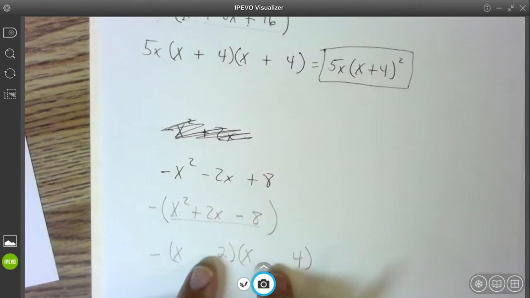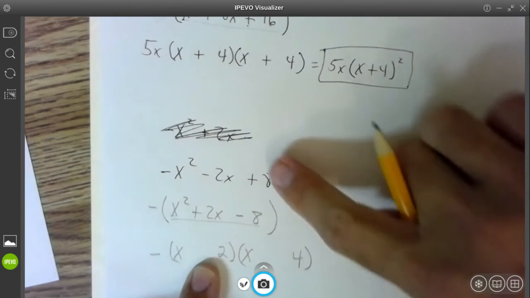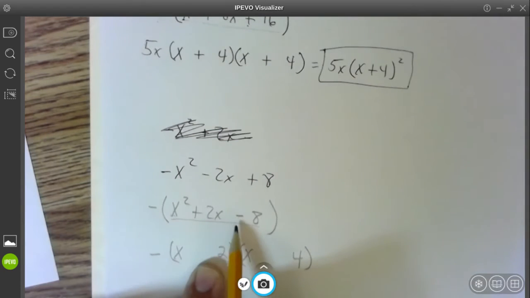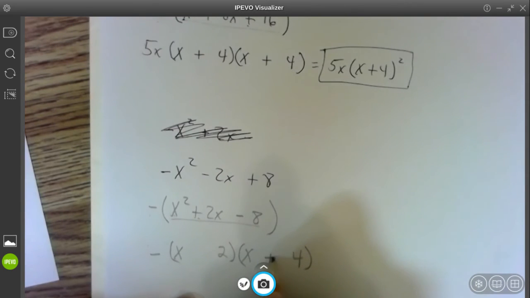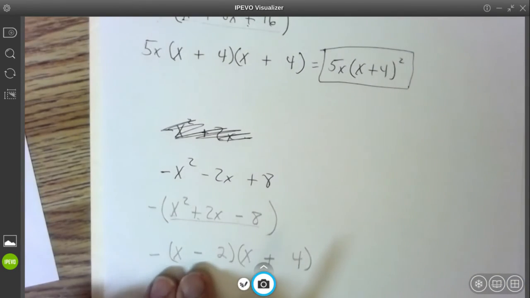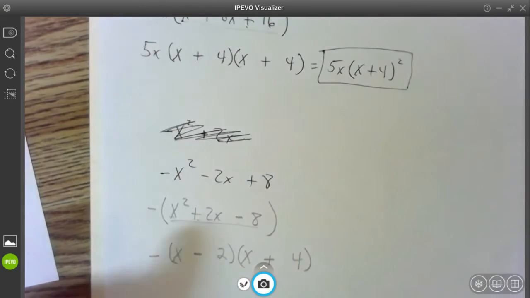Now to determine my signs here, notice I'm using my new quadratic, not my old one. They're different signs, and the bigger number is going to be positive. So my 4 is positive, and my other one is negative. Test it out if you want to. These two things are going to multiply back to this one right here.